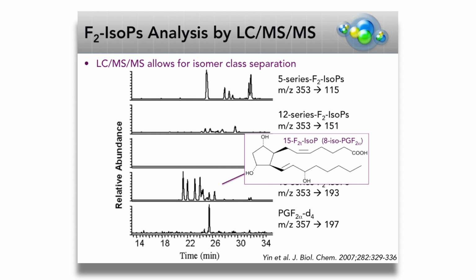However, if we just focus on the quantification of this one particular isomer, we could be missing the entire story in vivo. So what I've hoped to emphasize in this story about the formation of F2 isoprostanes is that we have to be careful when we're quantifying these molecules because there are many different endogenous compounds which are structurally similar, and we have to consider the whole picture of this class of molecules, not just one isomer over another.